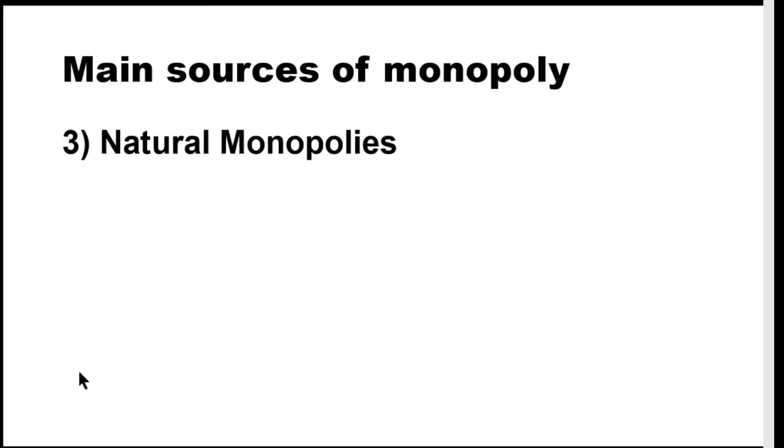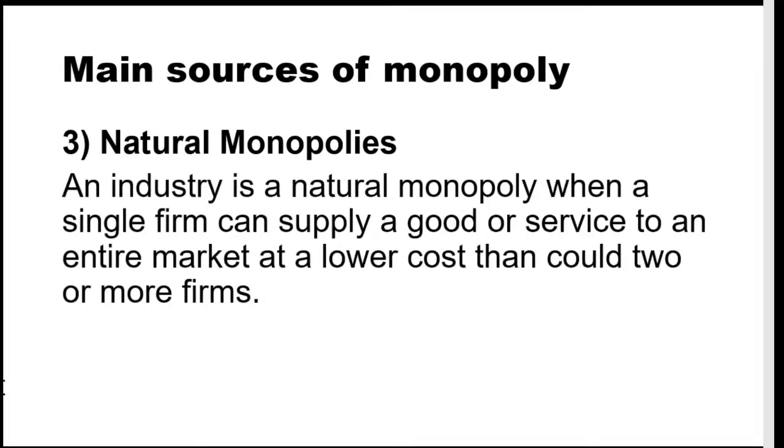Then you have the natural monopolies. An industry is a natural monopoly when a single firm can supply a good or service to an entire market at a lower cost than could two or more firms. This arises when there are economies of scale over the relevant range of output. In this case, a single firm can produce any amount of output at the lowest cost.